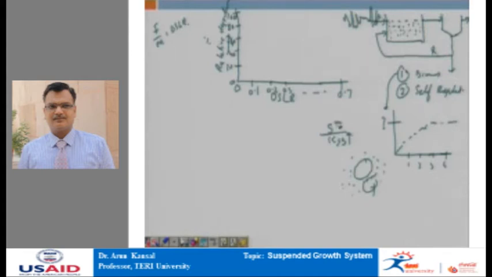Now, the BOD of the wastewater is coming in. A low F by M ratio means very little food and a very high microbial population, because the lesser the value of F by M, the more microorganisms we have for a given amount of food.